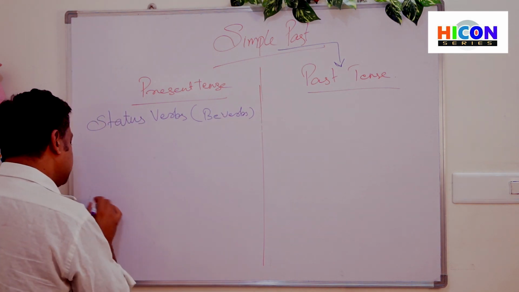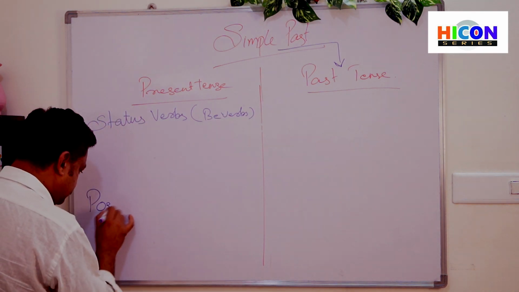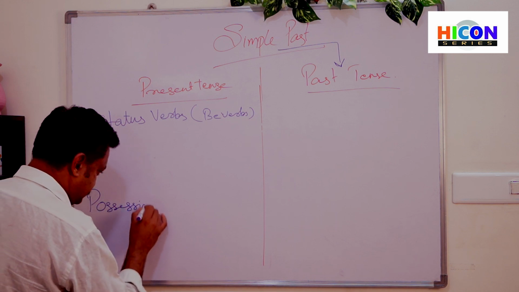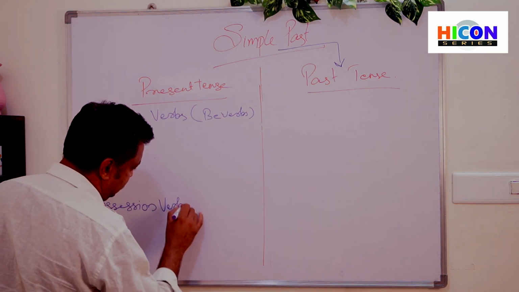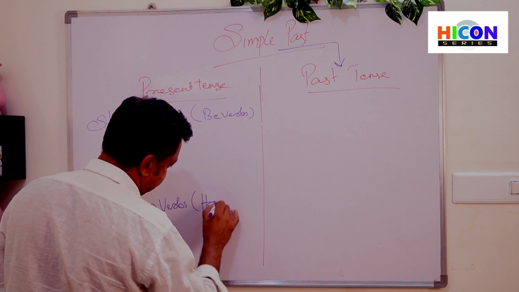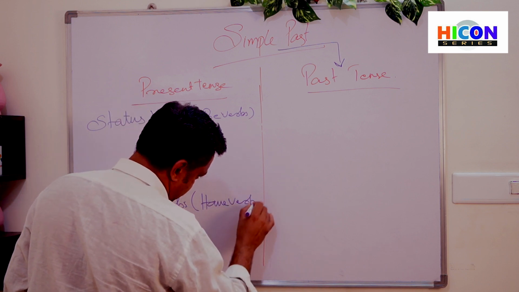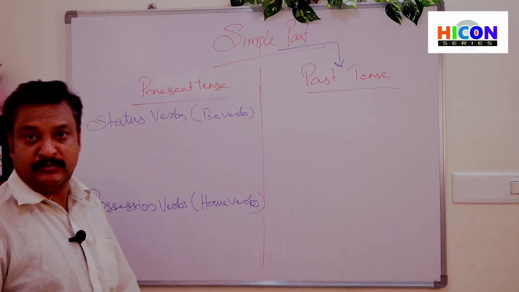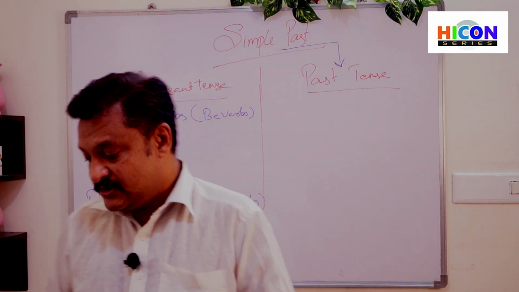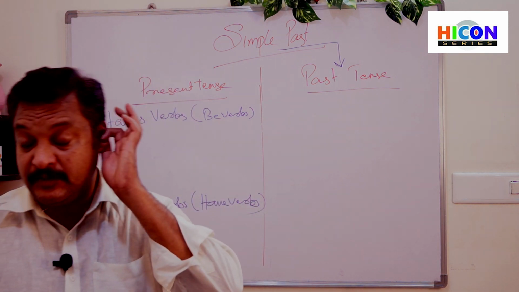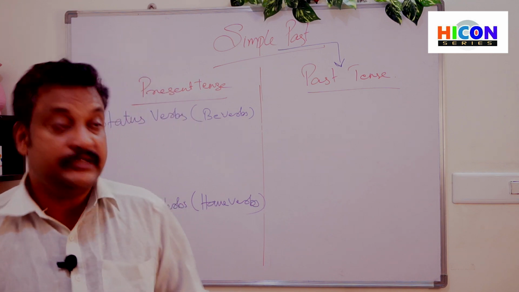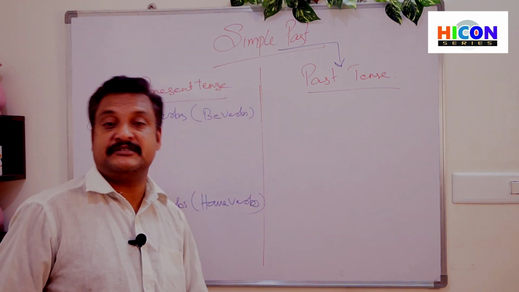And the second one was possession verbs, or have verbs. Do you remember that? Okay. So for status verbs and possession verbs also, there is a present tense and a past tense difference.